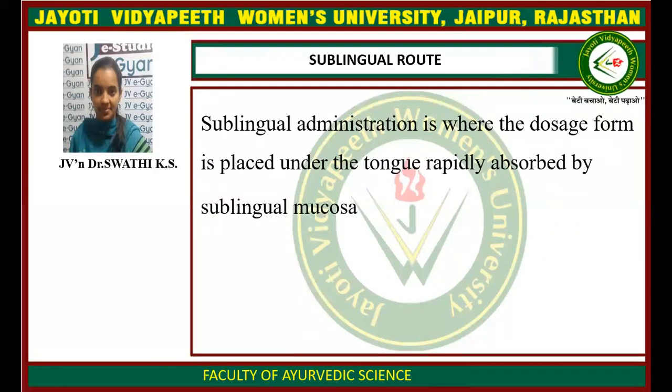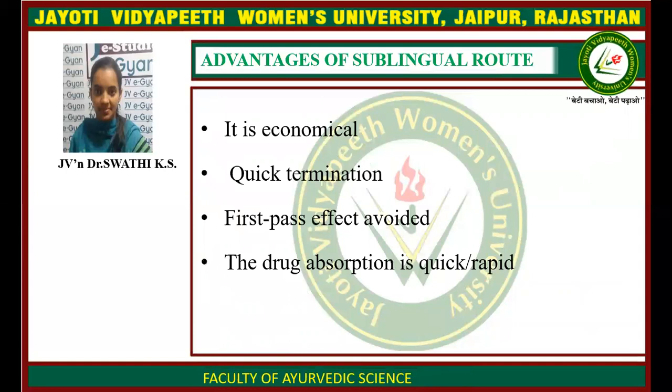Coming to the first one, the sublingual route. Sublingual administration is where the dosage form is placed under the tongue and rapidly absorbed by the sublingual mucosa. The advantages of the sublingual route are that it is economical with quick action, and the first pass effect is not there, so it will not undergo first pass.